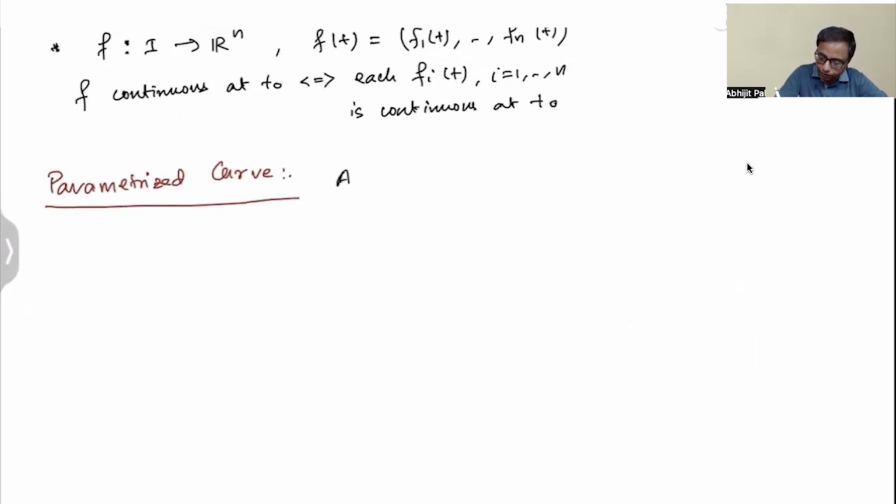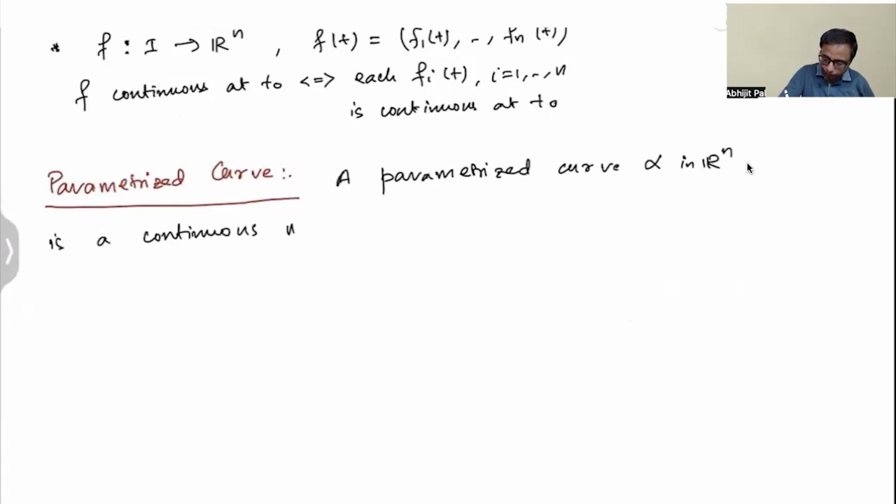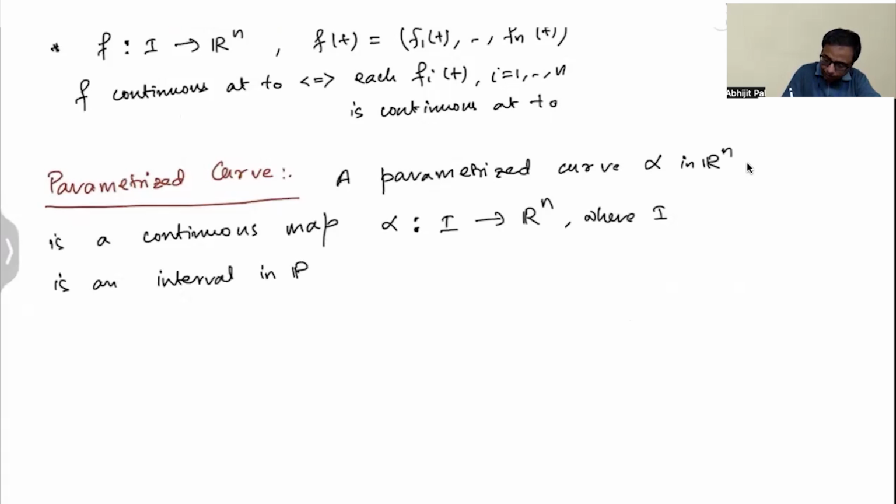A parameterized curve alpha in Rn is just a continuous map alpha from an interval I to Rn, where this I is an interval in R.